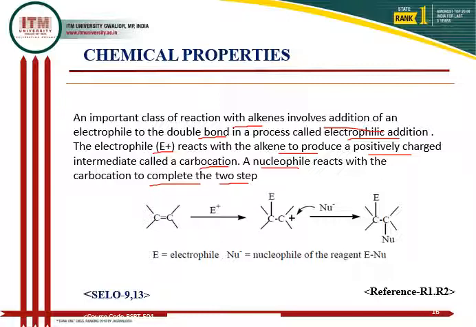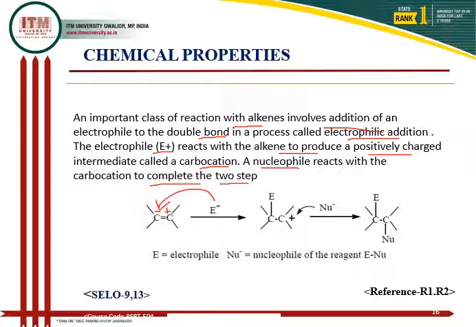Here you can see the first step of the reaction. In the presence of the electrophile, the pi bond is delocalized, and we have a positive site and a negative site due to the delocalization. The electrophile attacks the electron-rich species, because the electrophile is deficient.